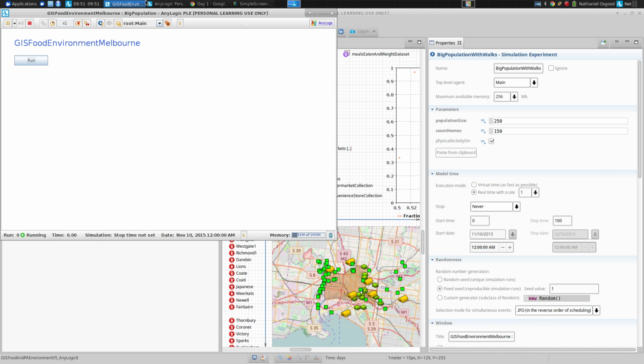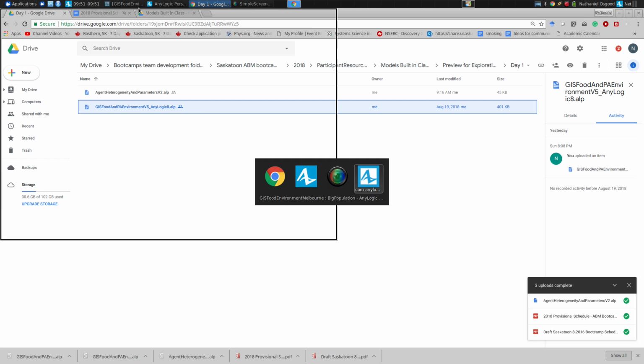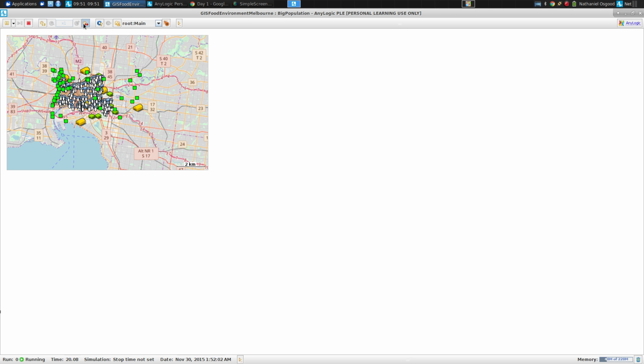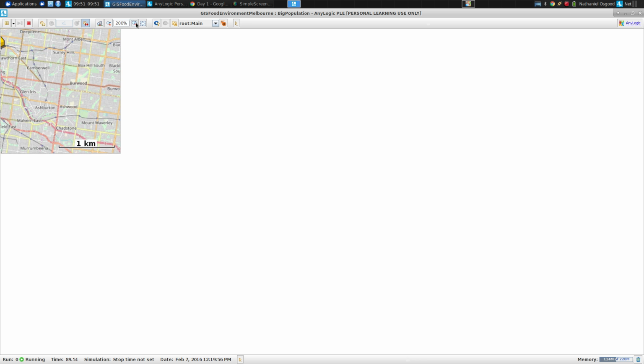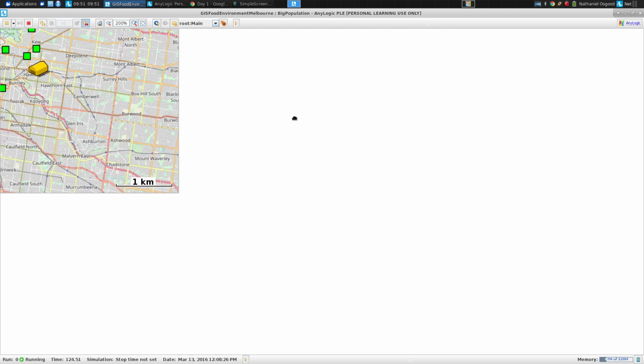So here we're simulating the effects of physical activity associated with parks. I'm going to expand this here, and I'm going to run this as fast as possible. That's that button here. So here we see the same basic environment. I'm going to enlarge it here just so we can make it out a little bit more clearly.